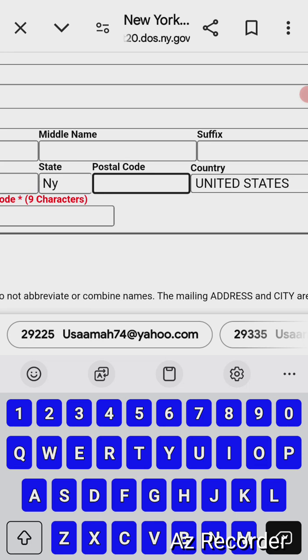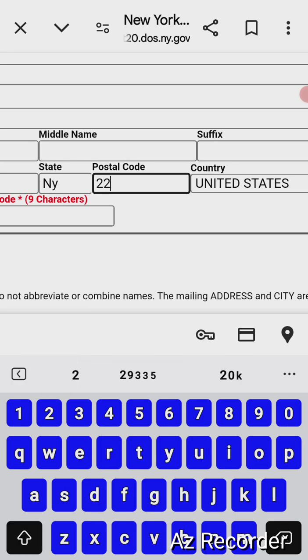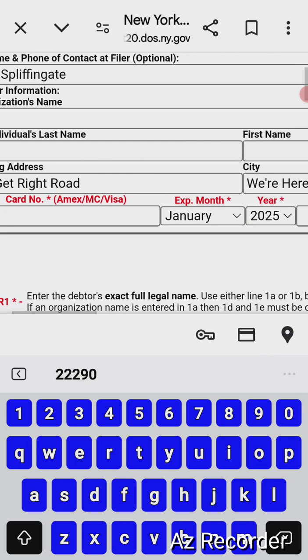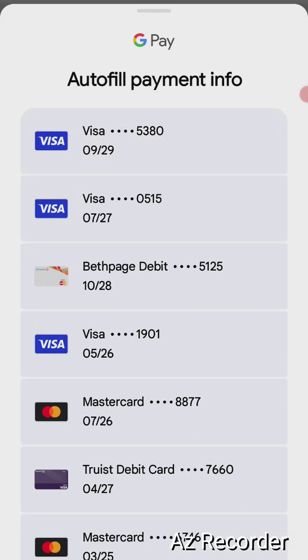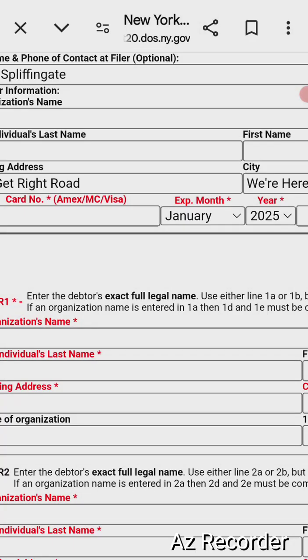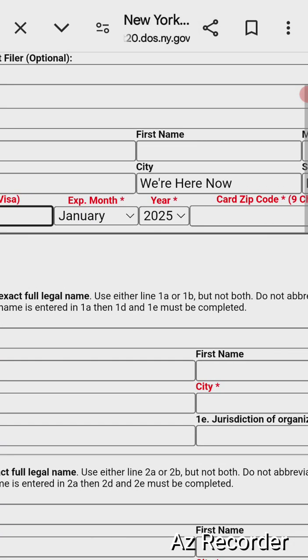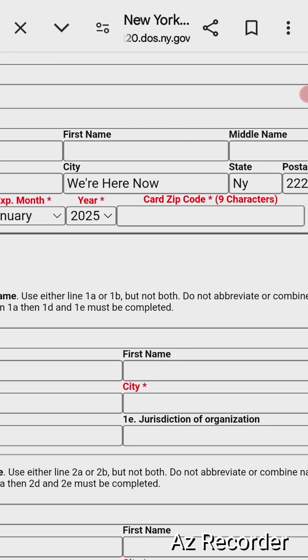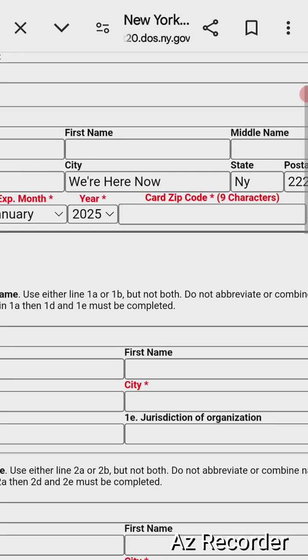Postal code, put your postal code, whatever information is for your credit or debit card. I'm just putting 22290. United States. Oh no, we don't need to be showing y'all all that. Don't worry about it, that's the last four numbers anyway. You can't read it.